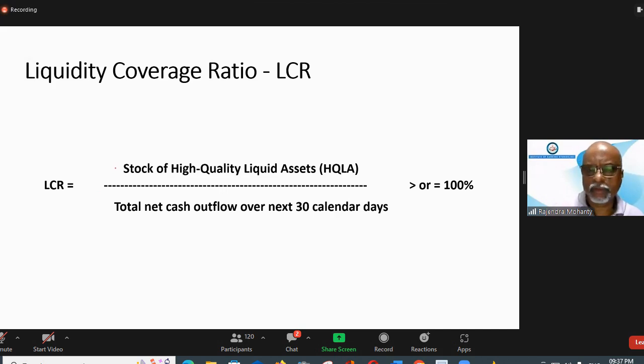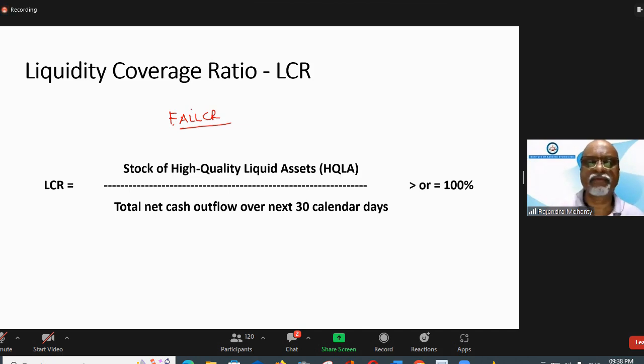To take corrective actions or help them in that situation, RBI has introduced a scheme which is called FALLCR, Facility to Avail Liquidity for LCR.